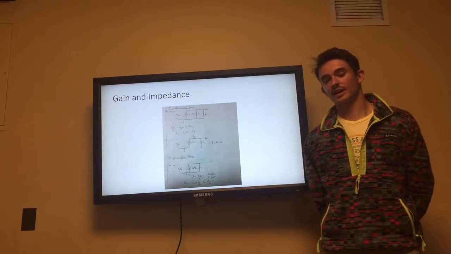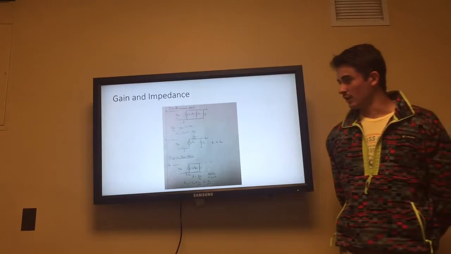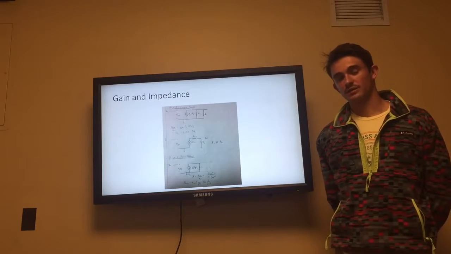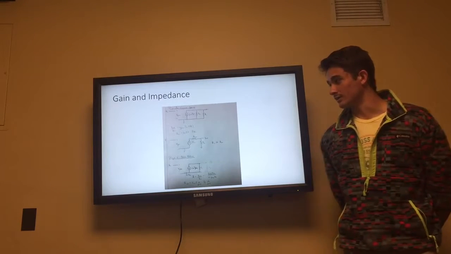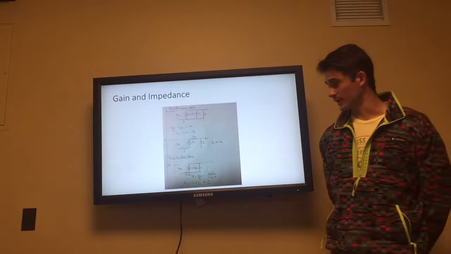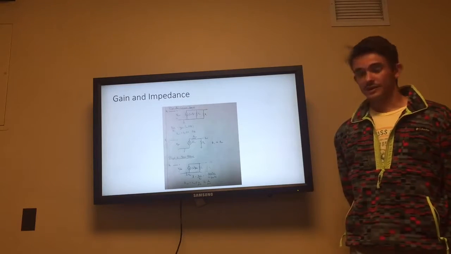Now you're wondering, why isn't that enough? The issue is that R out is very high. You don't want R out very high, because that means most of your voltage is going to drop across R out and not across RL. So you need that source follower to lower that output impedance. The issue with the source follower, though, is there's a trade-off.